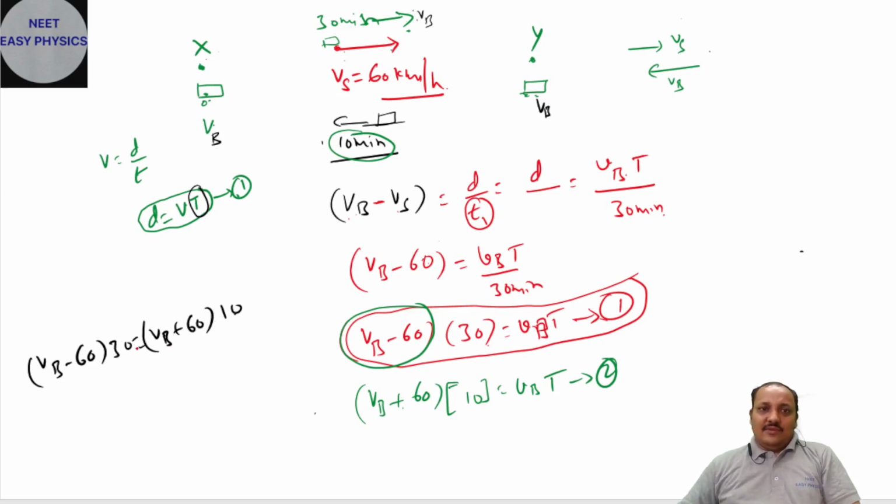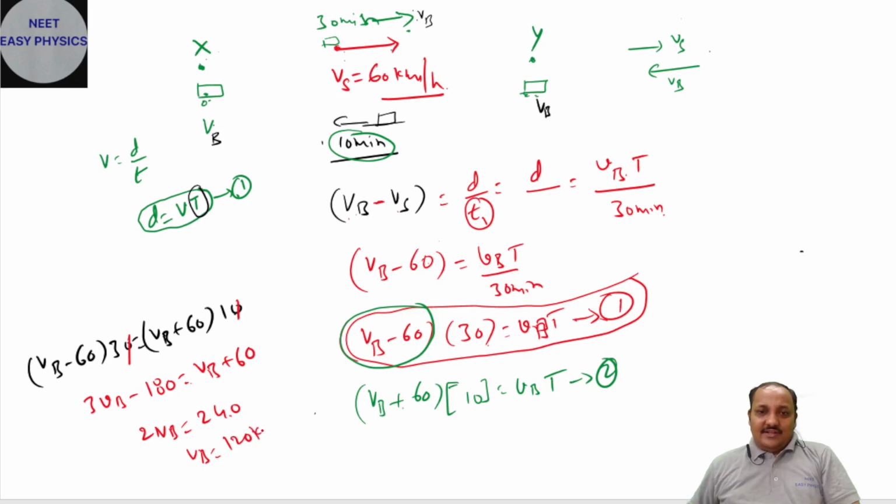Now cancel the 0s: 3VB minus 180 equals VB plus 60. Bring 180 to the right side and VB to the left side: 2VB is equal to 180 plus 60, which is 240. Then VB is equal to 120.